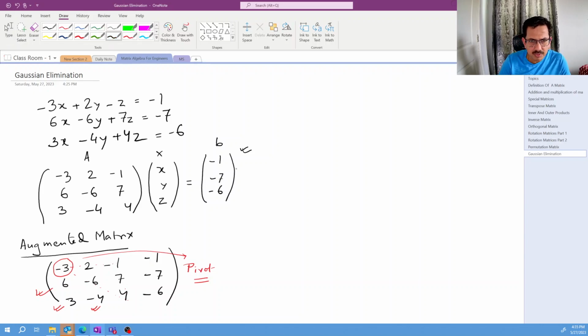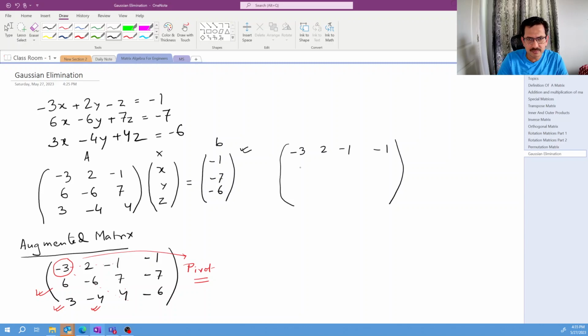So we are basically multiplying this by 2 and then adding these two lines. The first line, there is no change. Remember this thing: the first line has no change because we are not trying to eliminate any of these numbers or elements actually.